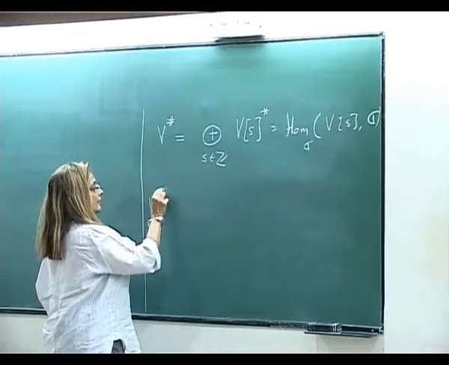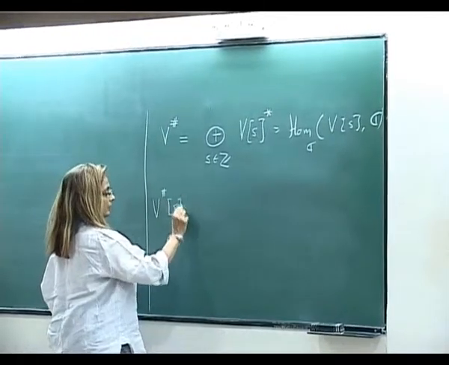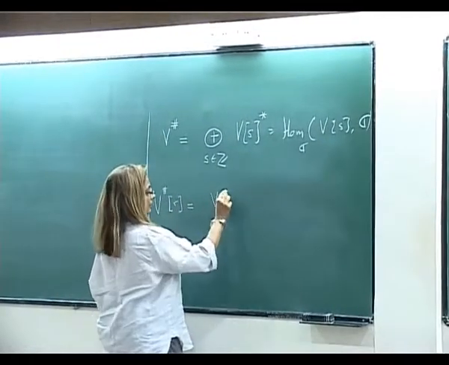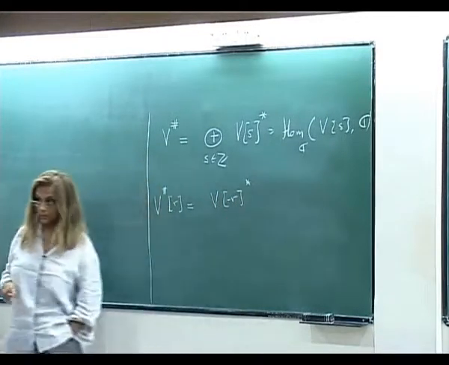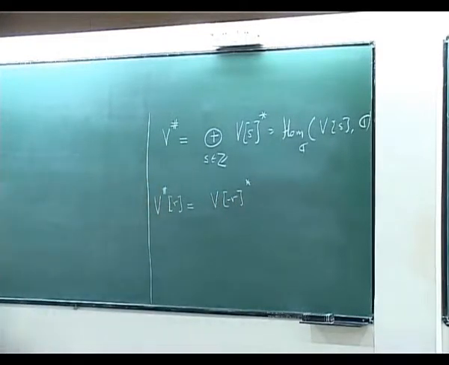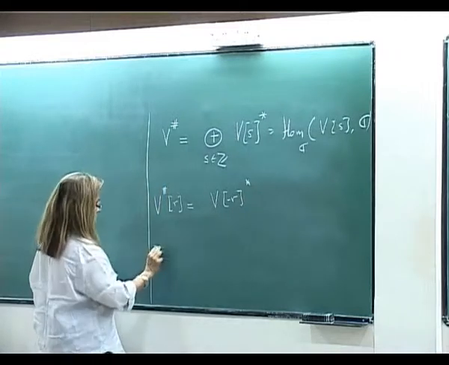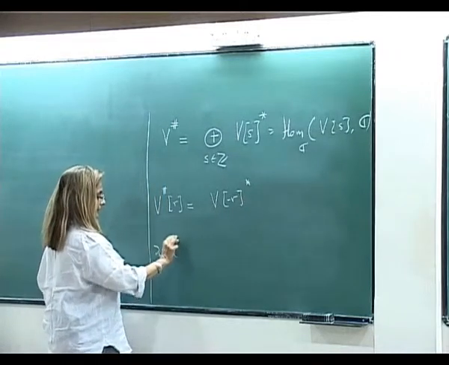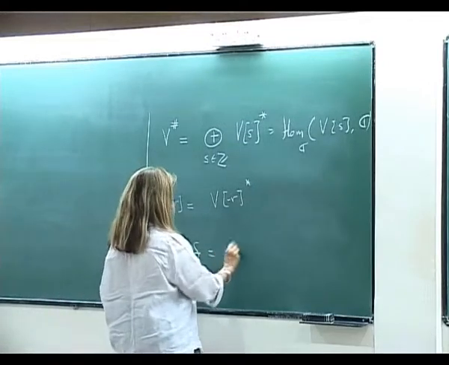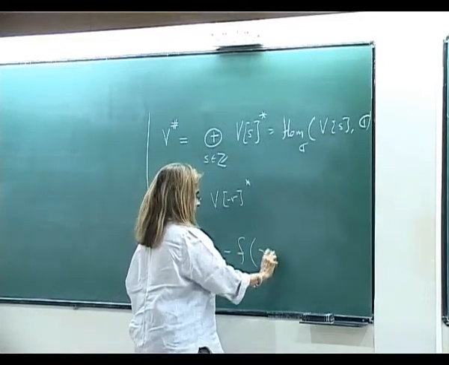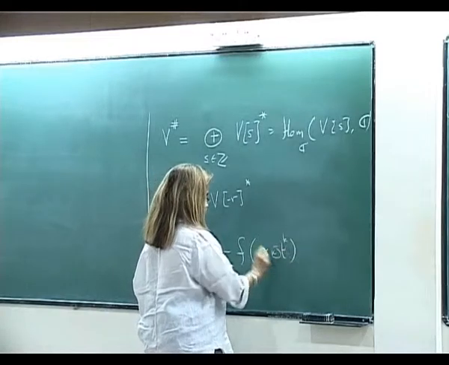You define the rth graded piece of the dual to be V minus R dual. Otherwise, it won't give you a graded representation. Okay? And to define the action, x tensor t power k, f will be equal to minus f of x tensor t power k v.